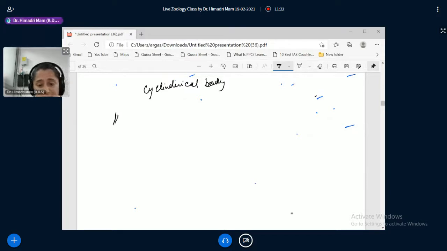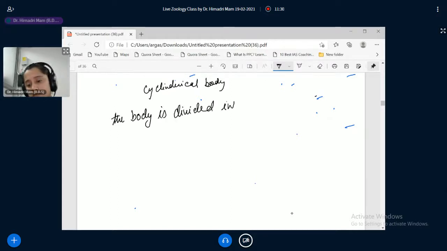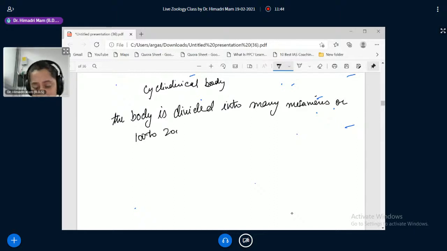The body is divided into many metameres, or 100 to 200 short segments.